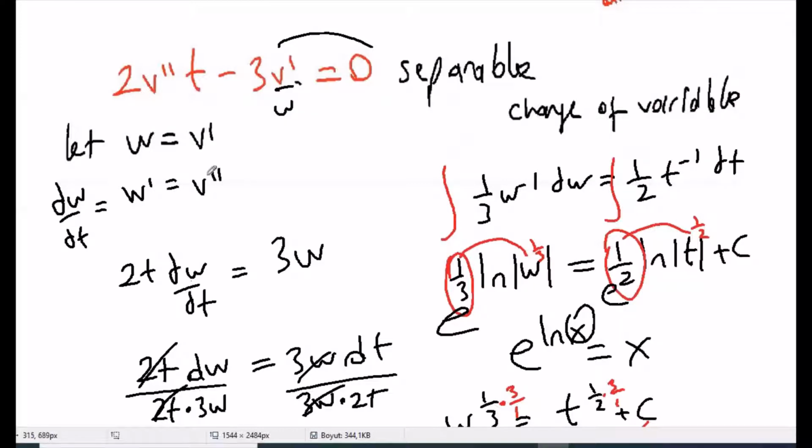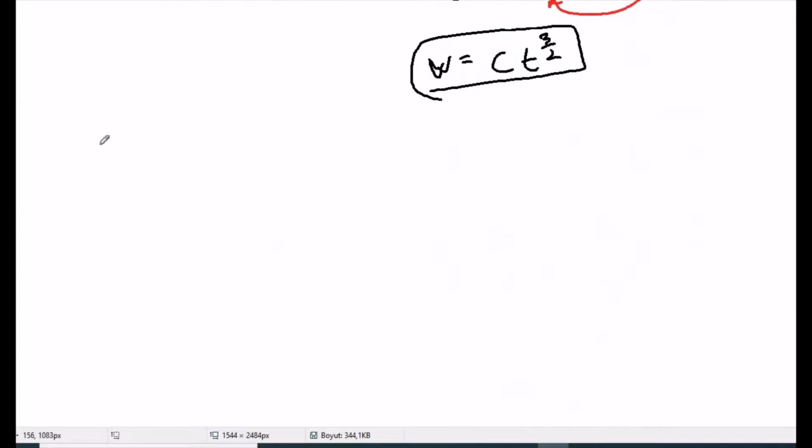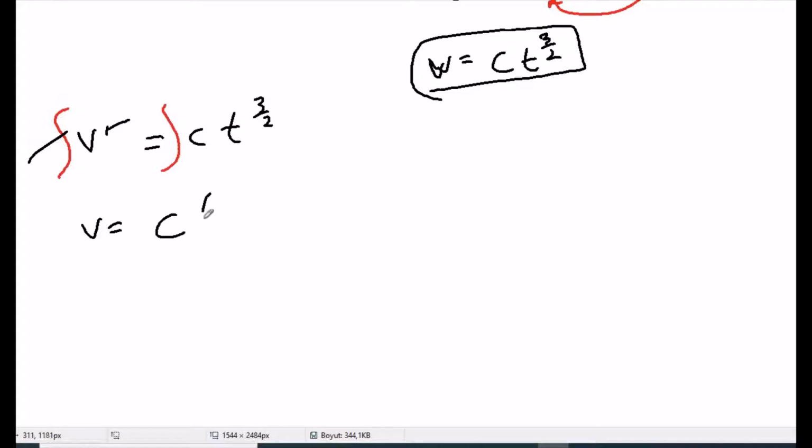w was v prime. So if w is v prime, then we can solve for v here by integrating one more time. The integral cancels the derivative, so v is equal to, here we can apply the integration rules, add 1 to the power and divide by the power.